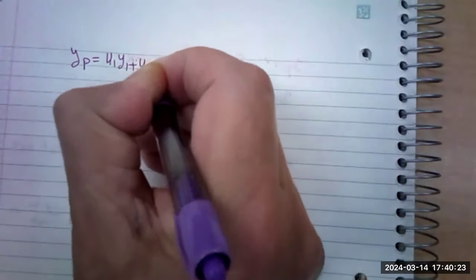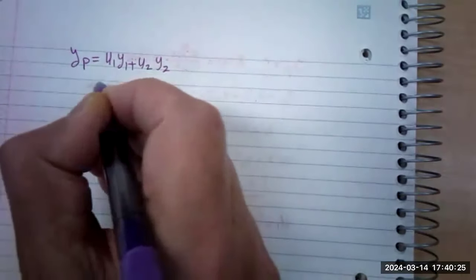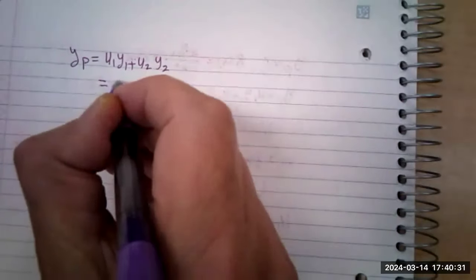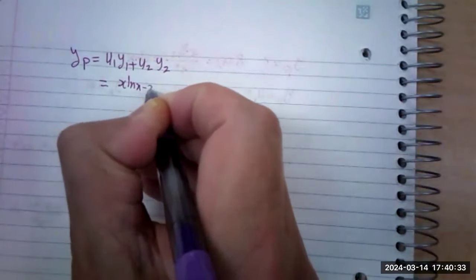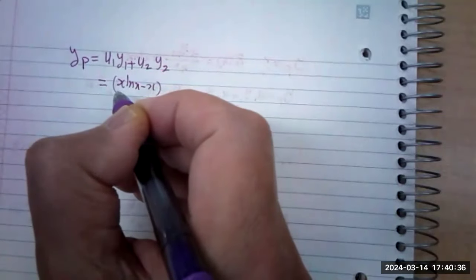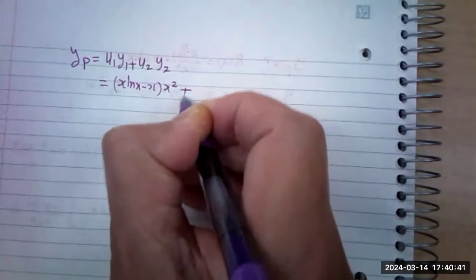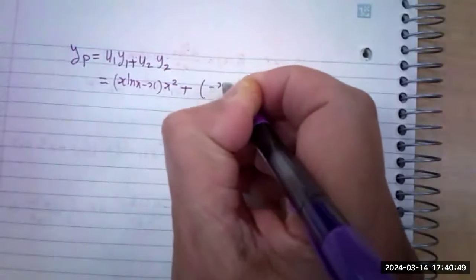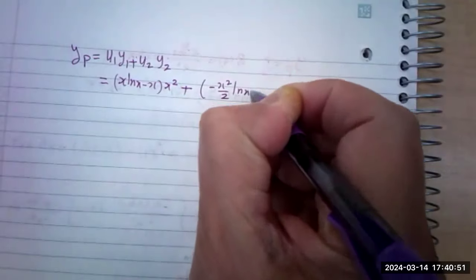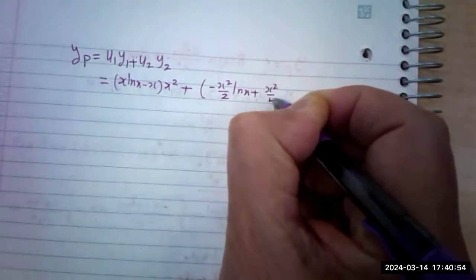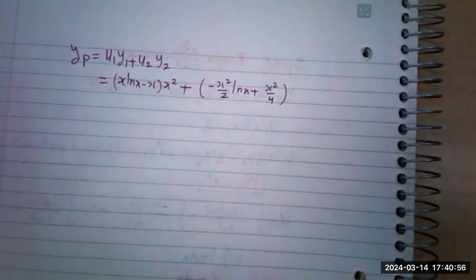So the yp is u1 y1 plus u2 y2. Substitute. It's going to be equal to u1 that we got, x ln x minus x, over y1, which was x squared, plus u2. u2 that we got, there was a negative sign, it's negative x squared over 2 ln x plus x squared over 4, times y2.